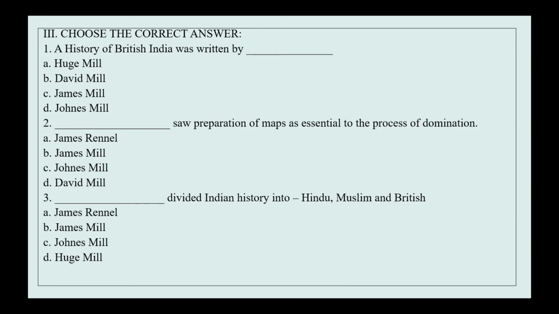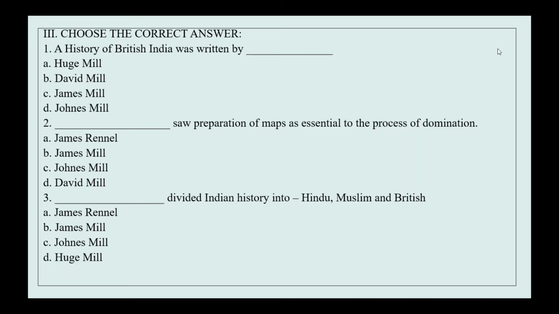Now, let's see, choose the correct answer. The first question is, a history of British India was written by Dash. Option A, Hugh Mill. Option B, David Mill. Option C, James Mill. Option D, Jones Mill. Which is the right answer? James Mill. A history of British India was written by James Mill. Right? Then second question.